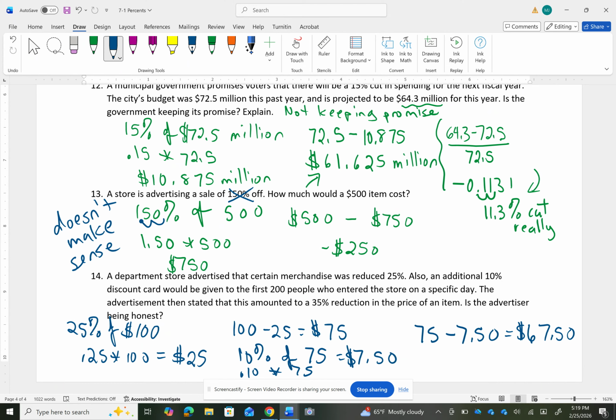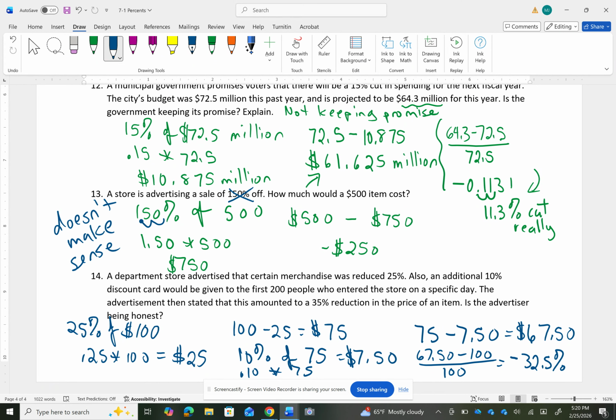Now, they were claiming that this was a 35% reduction in the price. But that $67.50, the new price, minus the original $100 price, divided by the 100, would tell me what the actual percentage off was. So if I do that, I would get that it was a negative 32.5%.